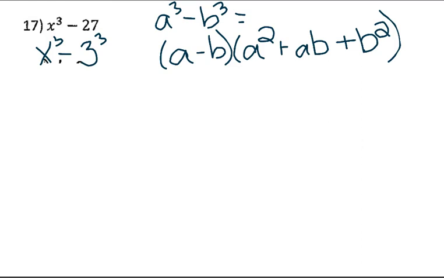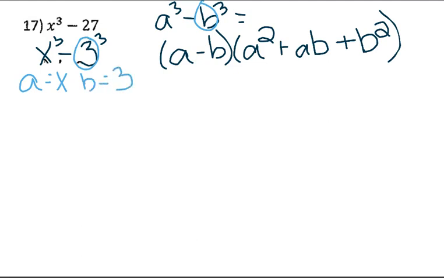So in order to use this formula, we first need to know what a and b are. After we have rewritten our cubes into cube form, meaning they both have an exponent of 3, we can see that our a, the base here, is going to be x, and our b is going to be 3.